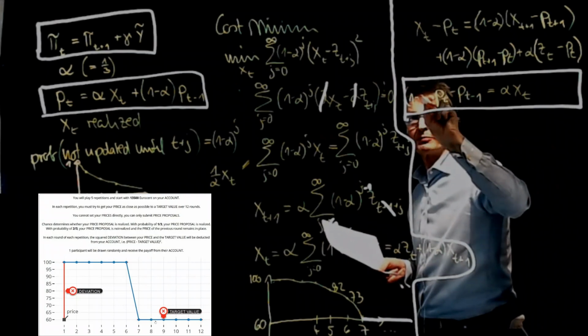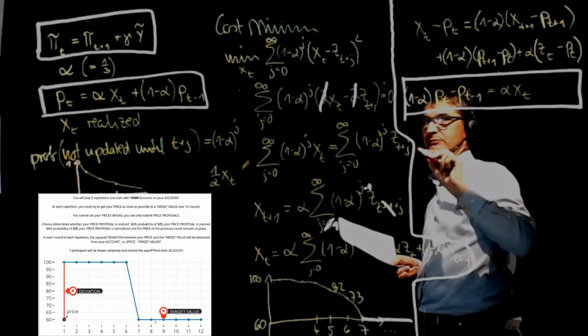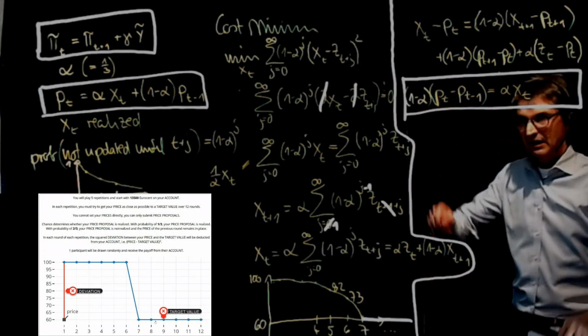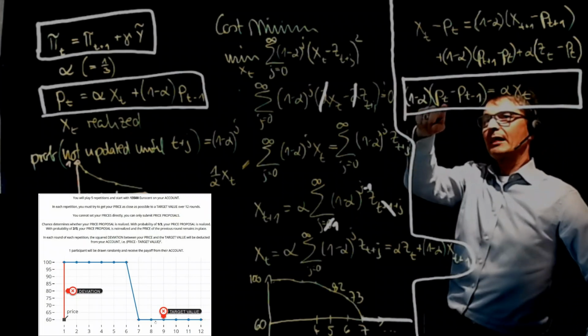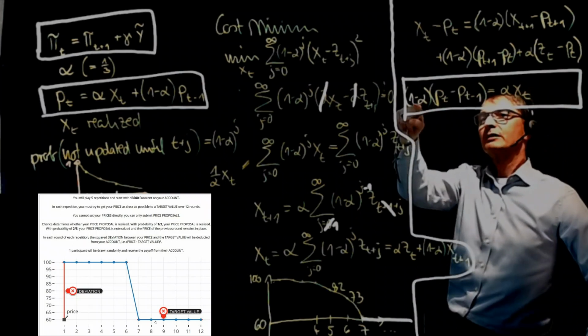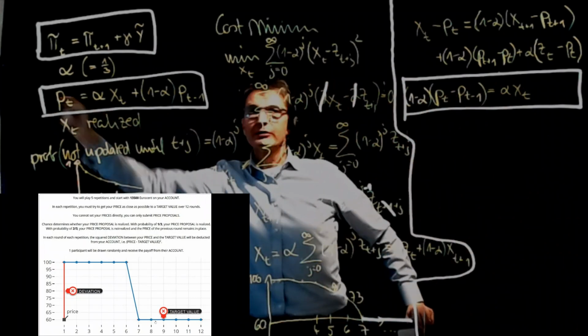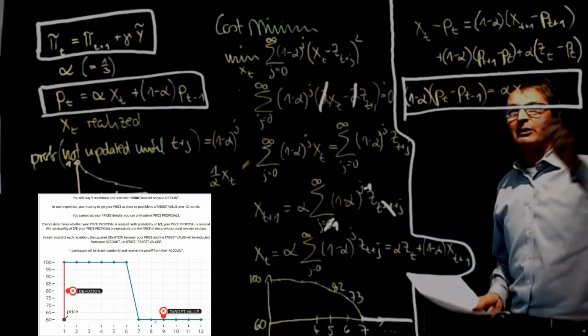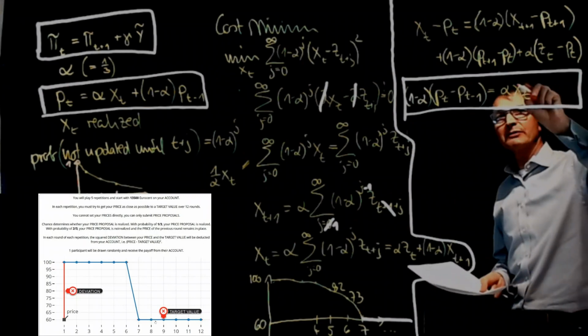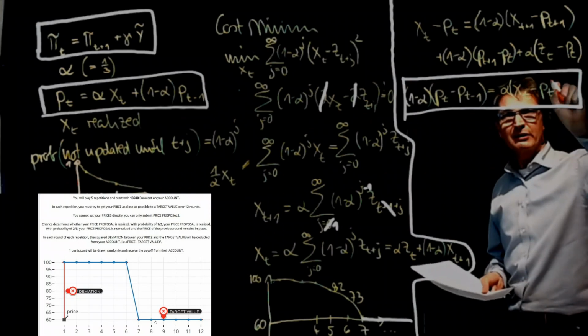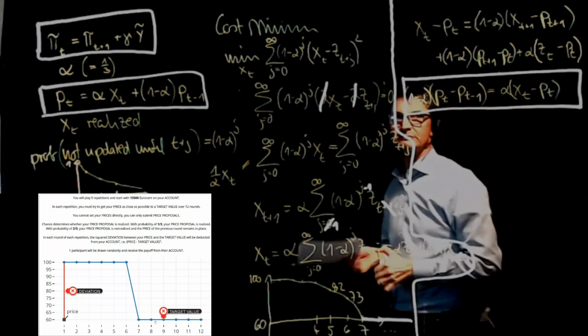But that was multiplied by 1 minus alpha. But since now I have here only P_{t-1} times (1 minus alpha), but previously it was without the minus alpha, for that reason I now have to subtract the minus alpha on this side as well, which I do this way. Okay?